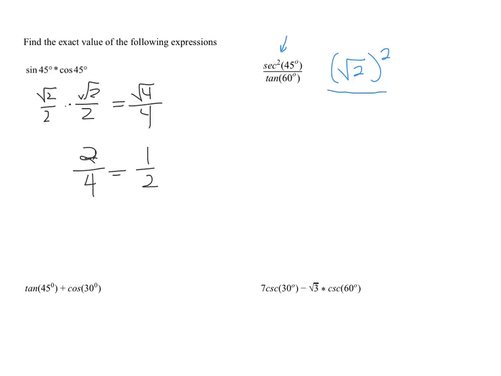Divided by the tangent of 60. And the tangent of 60 from our unit circle is the square root of 3. So if I take the square root of anything squared, that just gives me the number. So this is 2 over the square root of 3, which I can simplify, or I can just keep it like that. I could get rid of the radical denominator, but I'm just going to keep it like this.